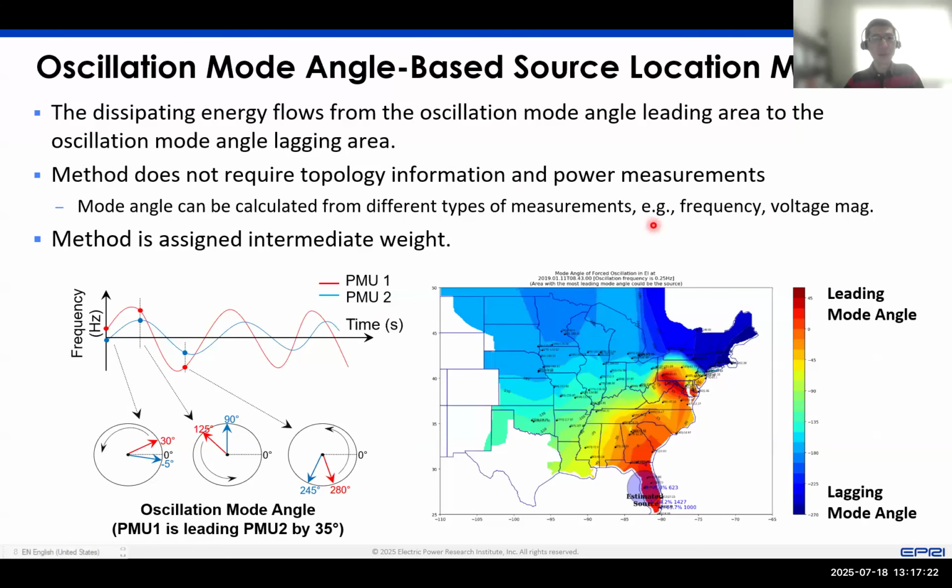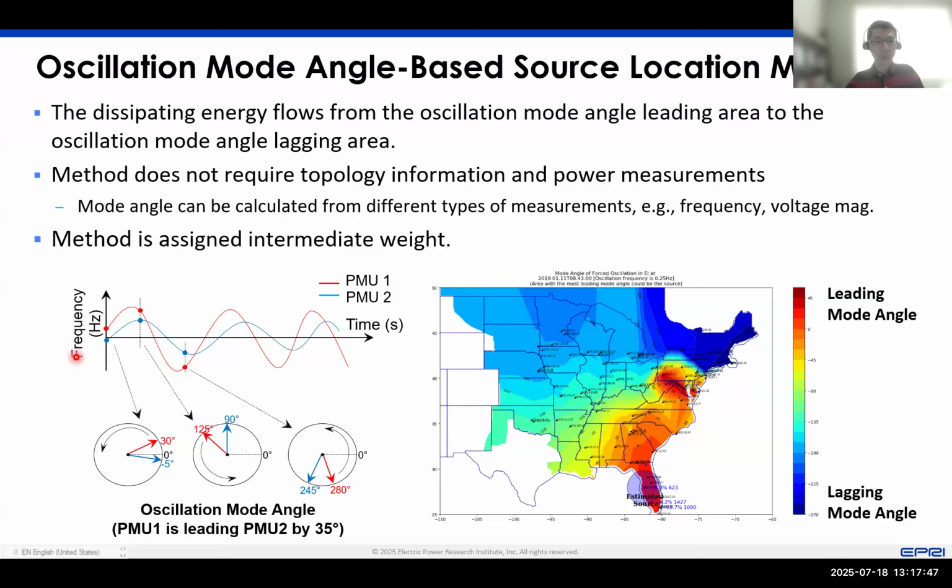The third method here is based on the oscillation mode angle. The idea is very simple. It's very similar to the power flow angle. For the power flow in an AC circuit, the power always flows from the angle leading area to the angle lagging area.